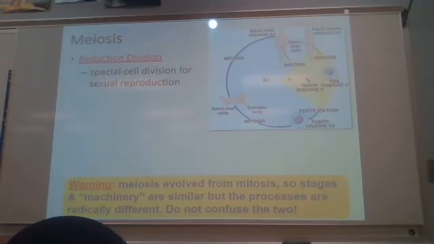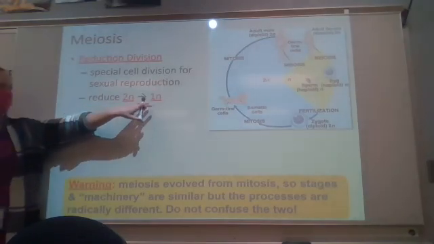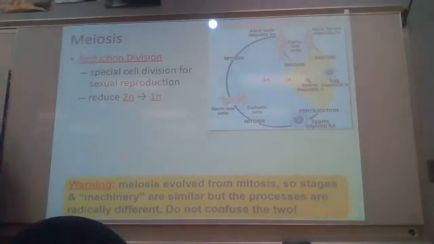So this is just a special cell division that only occurs if you're going to go through sexual reproduction. We're only going to pass on half of our chromosomes, one of each homologous chromosome to our offspring. So again, this means we're going from 2 copies to 1 copy. Kind of start getting familiar with that notation.